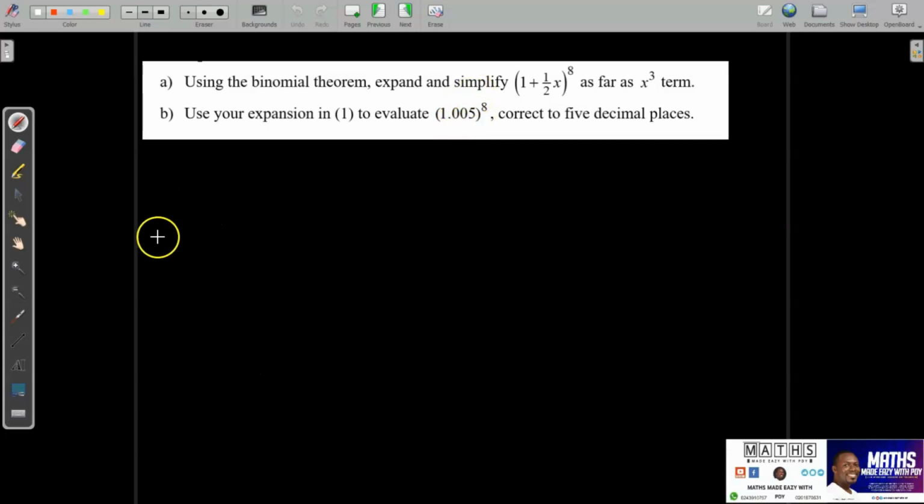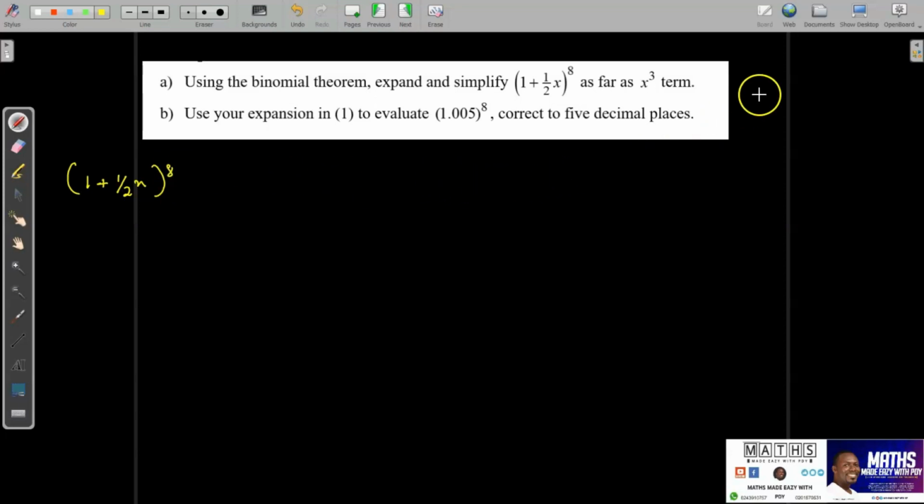Based on whatever we've studied so far, we have 1 plus half x all to the power 8. You are not limited as to what method to use, but with this question, because it's a positive index, using the combination formula will be very easy.